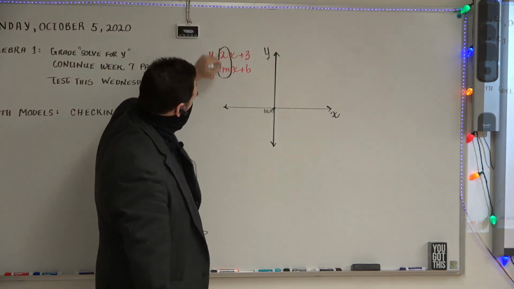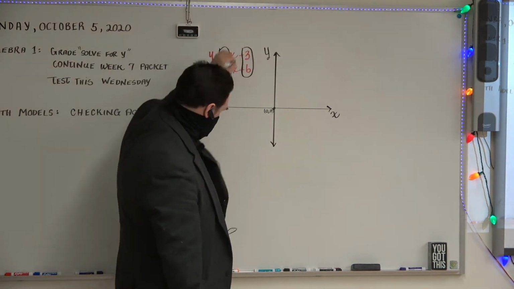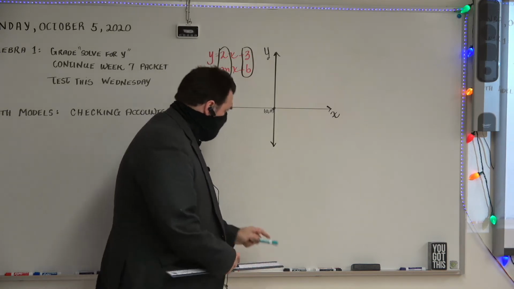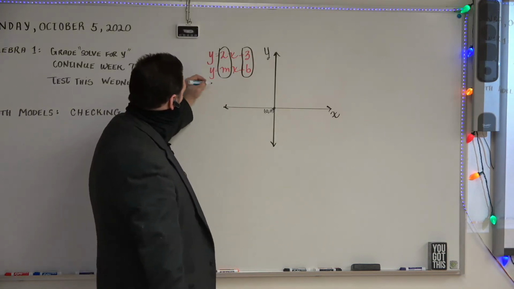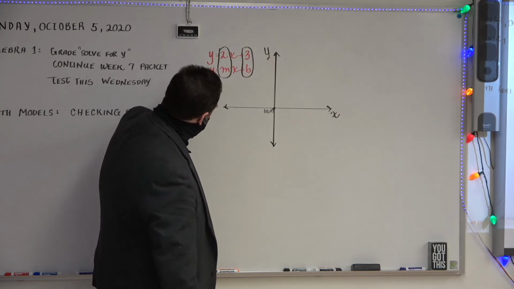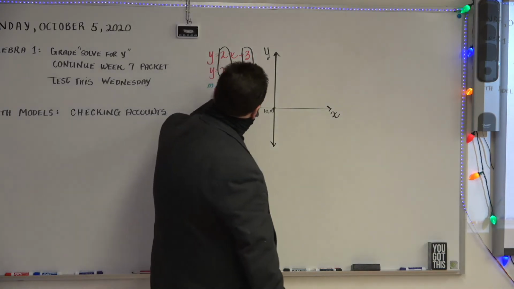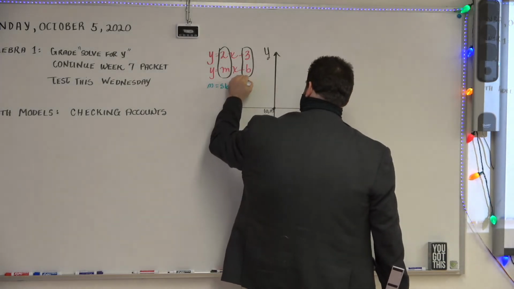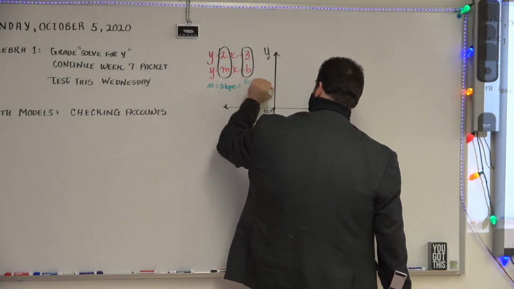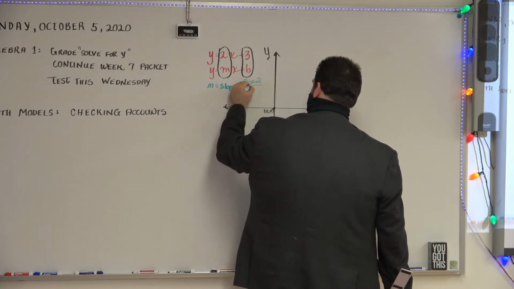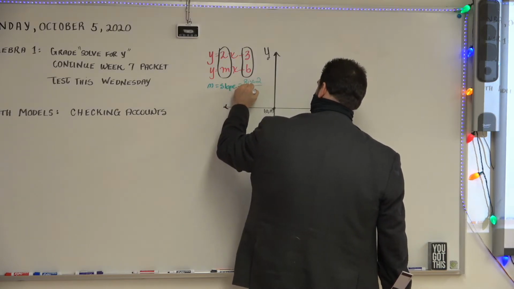So m is 2 and b is 3. But we talked further about this and we said that m was the slope, which meant that there was a rise of 2 over a run of 1.